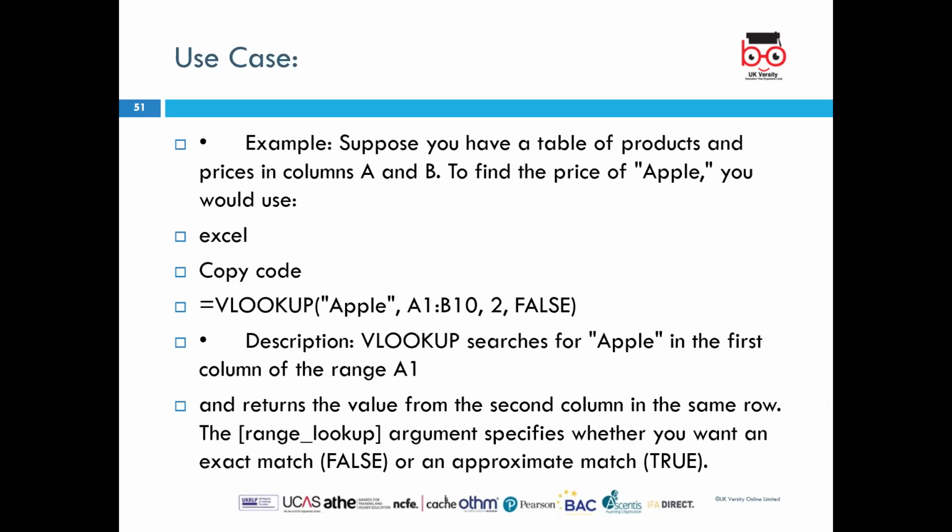We now copy the function, and this is going to return the value from the second column in the same row. The range lookup argument will now specify whether you want an exact match, FALSE, or an approximate match, which is TRUE.